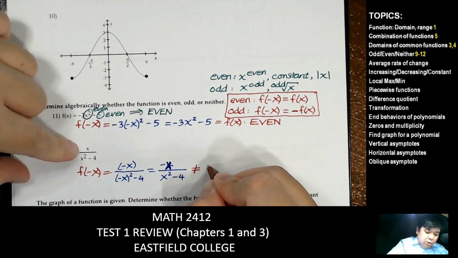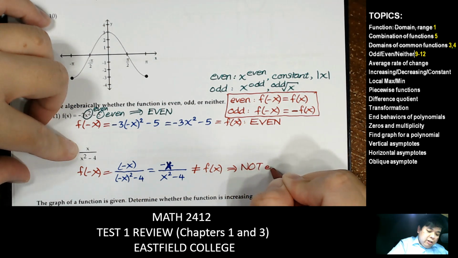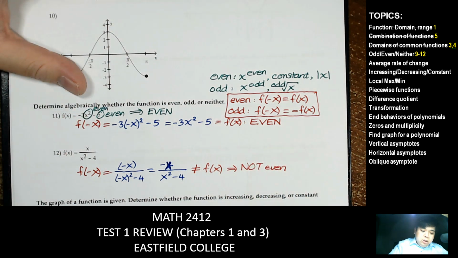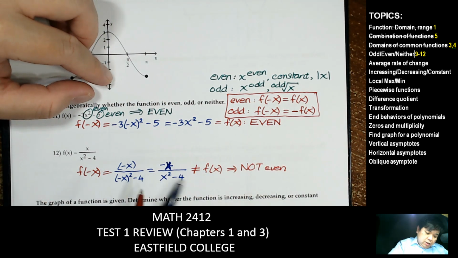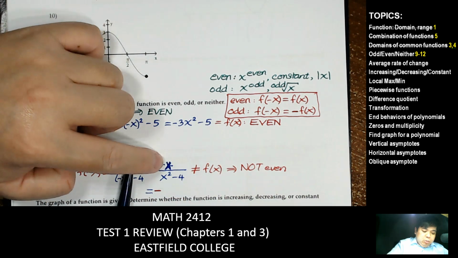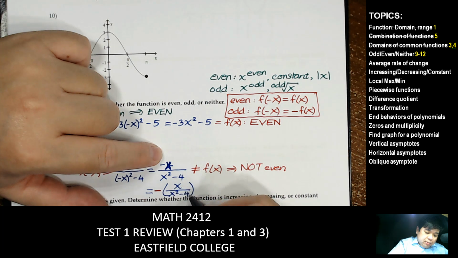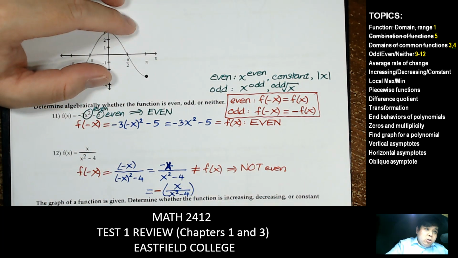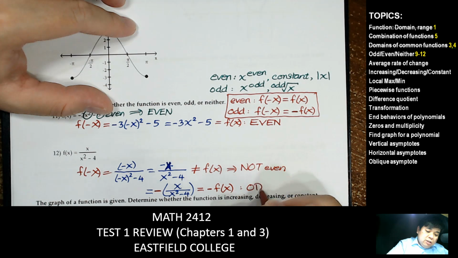So we say it's not equal to the original function, so it is not even. What we do is we need to manufacture the minus sign here. So just put the minus. If we pull the minus out, we're left with x and x squared minus 4. And that is exactly the original function. So this equals negative f of x, and that's why this one is odd.